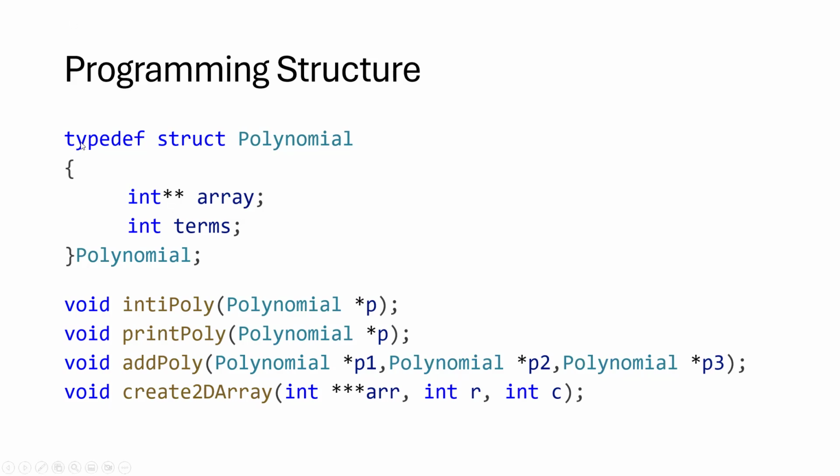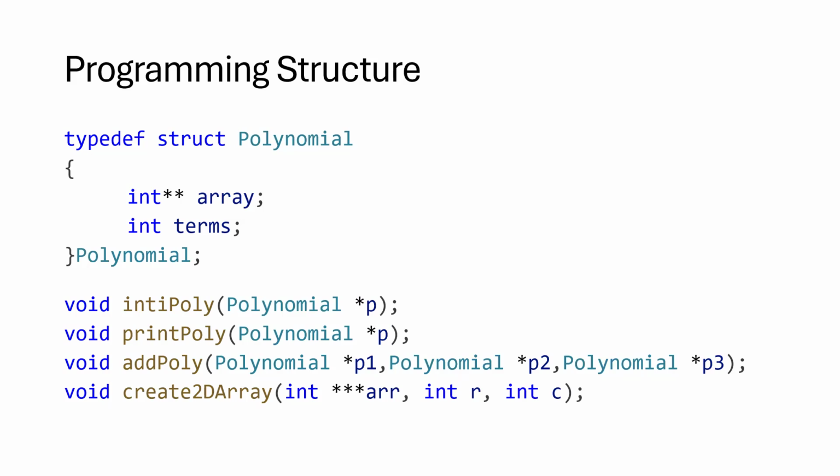So that means in my user-defined type, there is no array associated with it. So that's why we will write one function, init poly, where we will pass the pointer where we want to store the address of the newly created element.